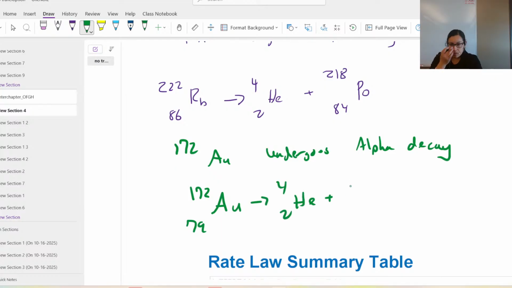All right, so what's our daughter isotope for the gold-172? So iridium, and then what's our mass number? 168. Sounds good there. All right, so those aren't too bad.